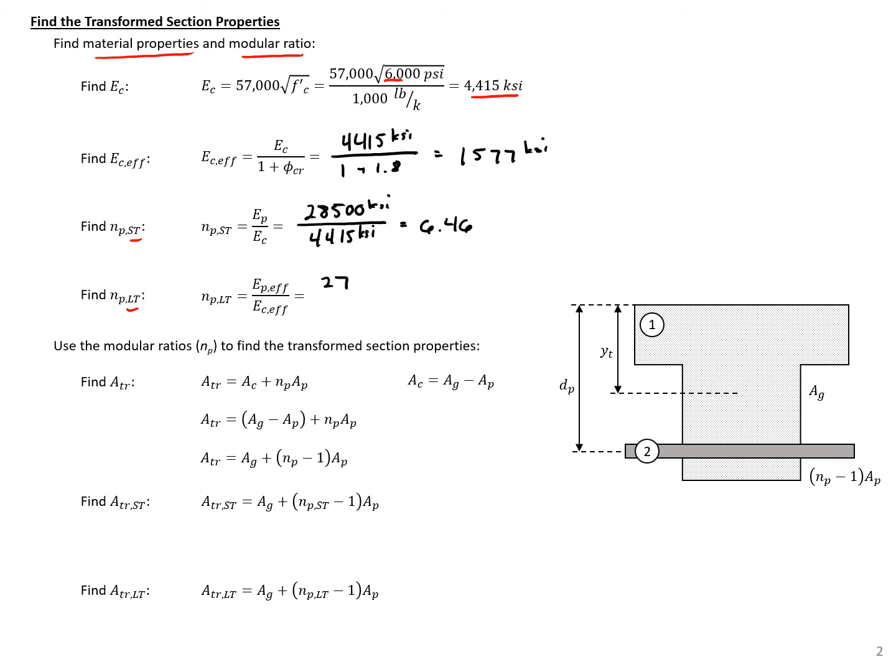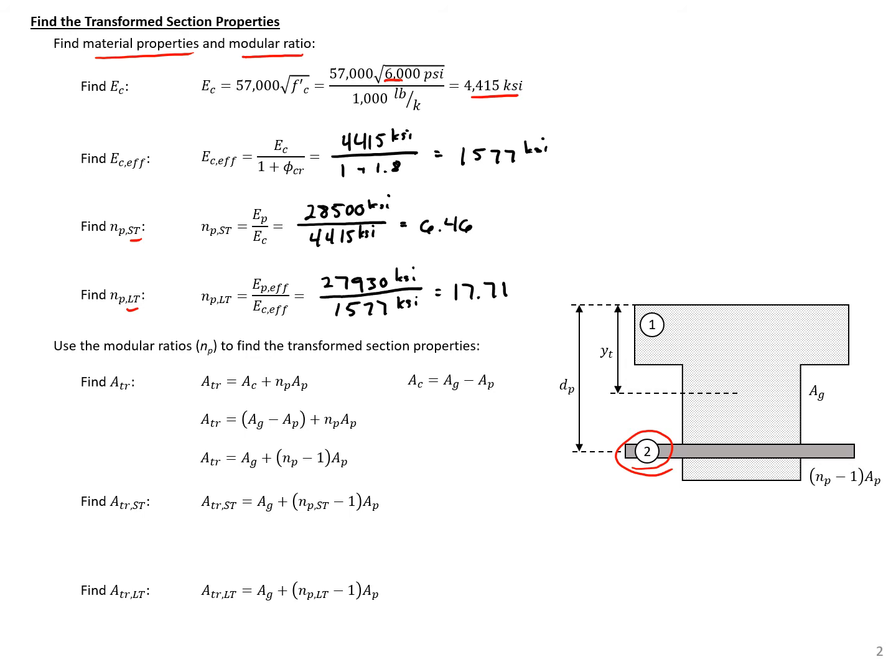The effective modulus for our pre-stressing, taking into account the effects of strand relaxation, was given here as 27,930. And we divide this by our effective modulus for our concrete, taking into account the effects of creep. And we'll get a modular ratio of 17.71. We can then use these modular ratios to transform our pre-stressing into an equivalent area of concrete.